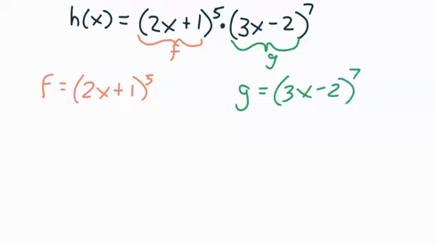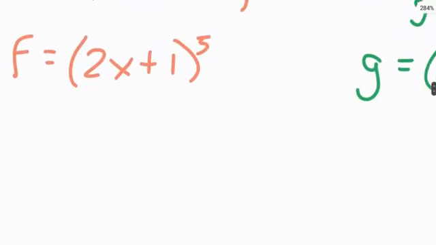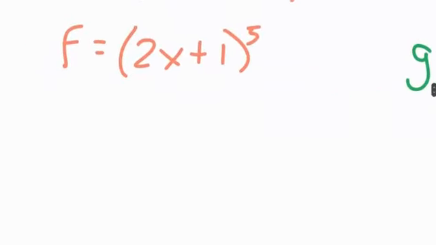The big use in this is not losing the forest for the trees. We can say, okay, we want the derivative of F and the derivative of G, so you can just focus on one thing at a time. Let's see how well I can zoom here. So we can literally focus on one thing at a time.